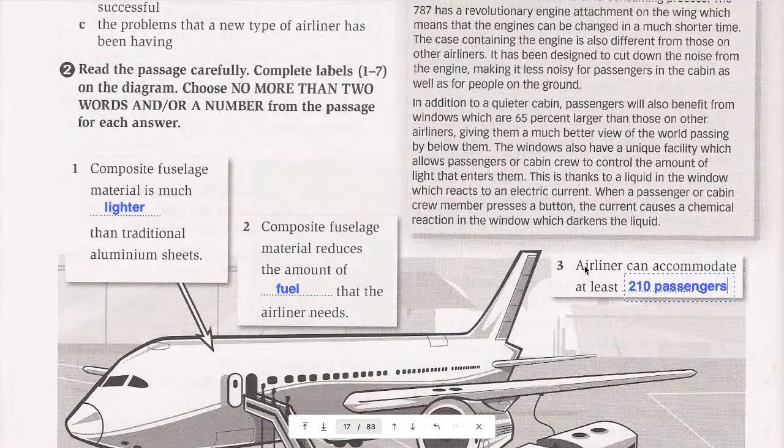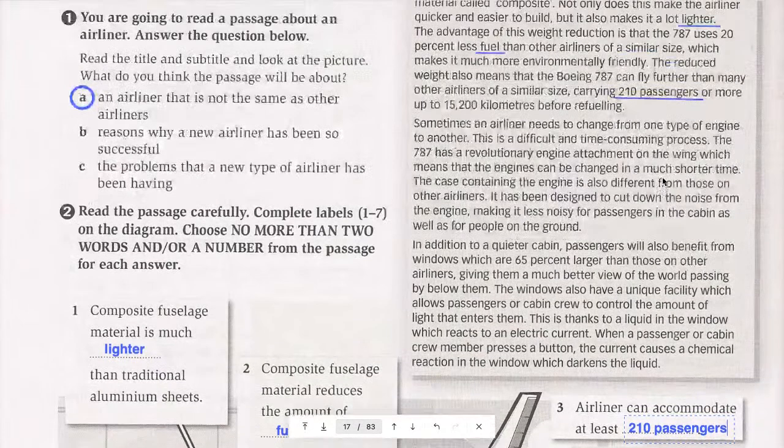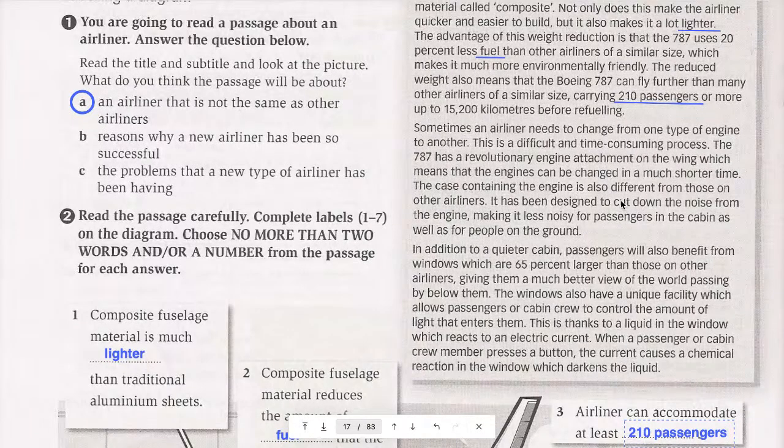Airliner can accommodate at least. When they say accommodate, we know that they can. At least what? That's wrong. Accommodate, we are talking about what? Accommodate means, do you know accommodation? That's a noun. We are talking about room, place, to hold people, right?